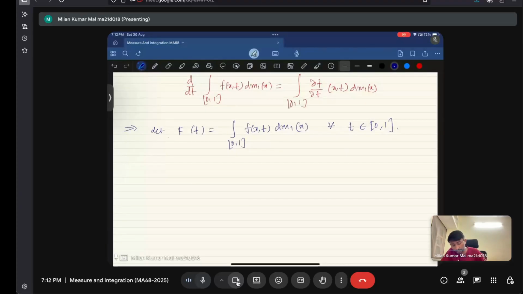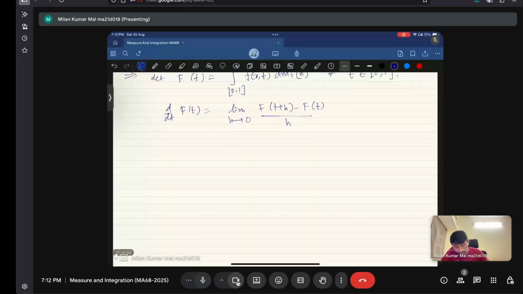So let's first calculate this one. (F(t+h) − F(t))/h is equal to the integral over [0,1] of (f(x,t+h) − f(x,t))/h dm1(x).